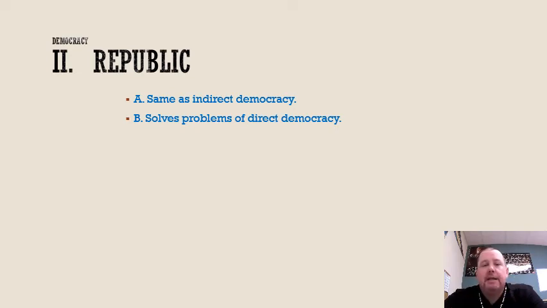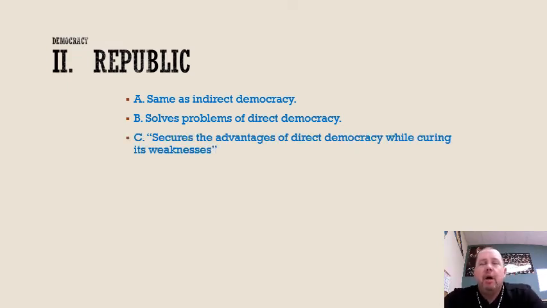The impracticalities, the lack of knowledge or lack of awareness, lack of education about certain issues, while at the same time securing us the advantages of democracy so that we have a voice, so that we have control of our government, right? It is still we, the people, meaning we're the ones that provide legitimacy for the government.